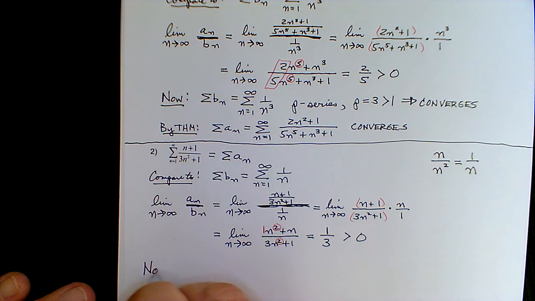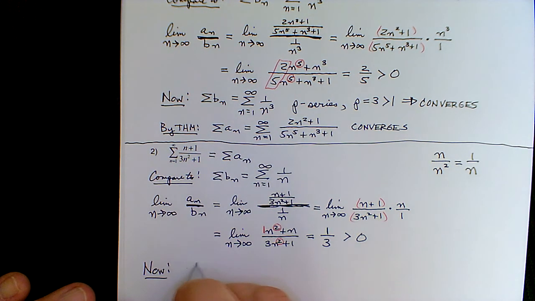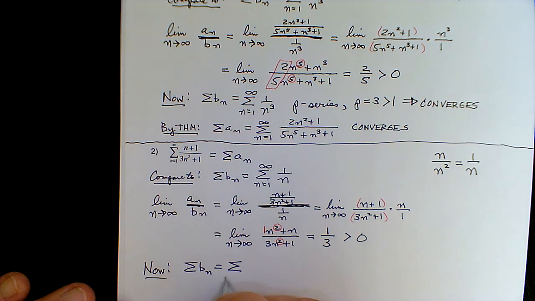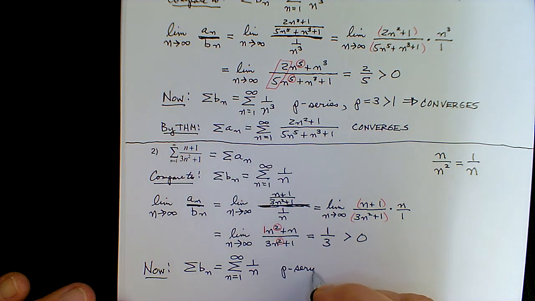So now consider, what does the sum of the b sub n do? That was the sum as n goes from 1 to infinity of 1 over n. This is that special p-series, what we call the harmonic series. The exponent, of course, here is 1.